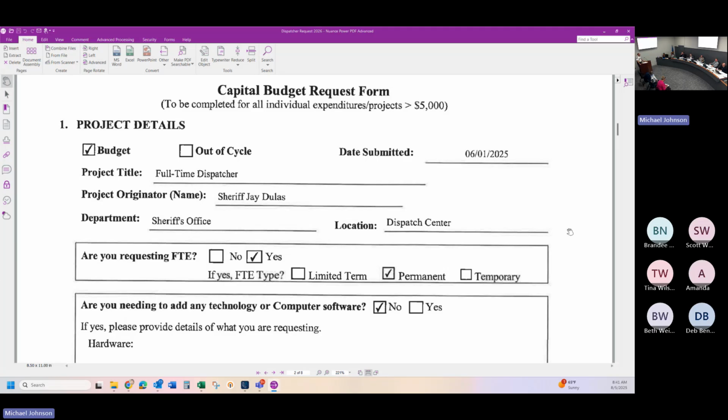It's the length of time, the state mandates on the length of time that our dispatchers are on with each caller. It used to be back in the day where we could take the call, get the information, tell them help is on the way, and hang up. Now our dispatchers are required to stay online while help is responding and getting to the area.